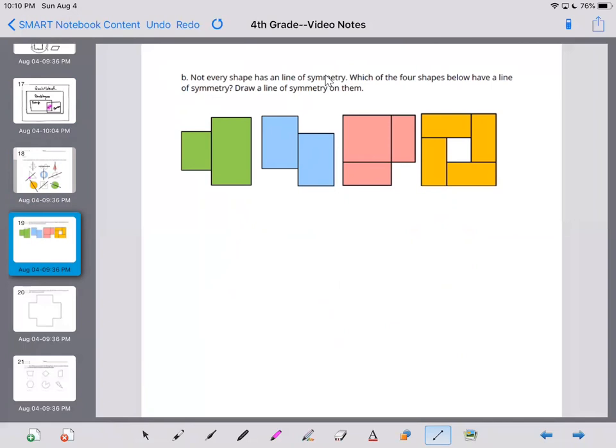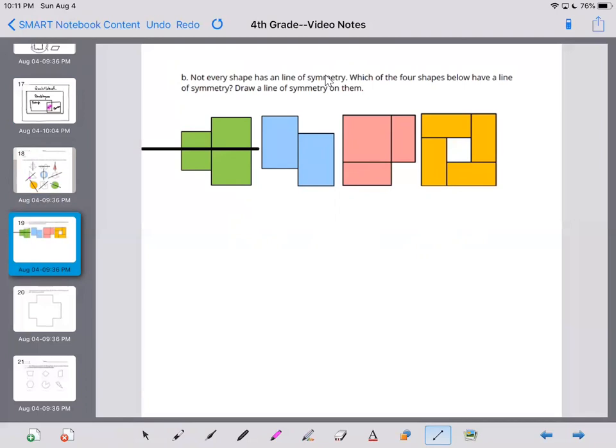Well, looking at the green shape, you can pause and try on your own through your notes and see which ones would have symmetry, and I'll give you a moment to do that. With the green shape, that would be your line of symmetry.